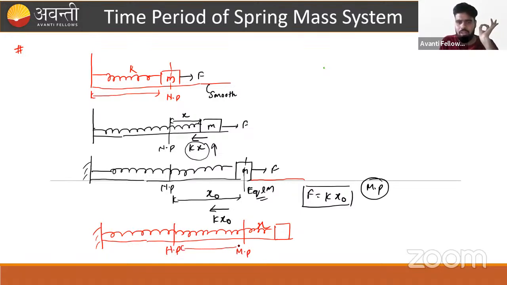Because we already know that this deformation is x naught. Again, we displace the particle by that small amount x in order to check the SHM. We already know that the external force is constant in nature and is not going to change. Yes or no? Am I correct? Because we applied the external force and it is constant in nature. So what is the spring force at this moment?